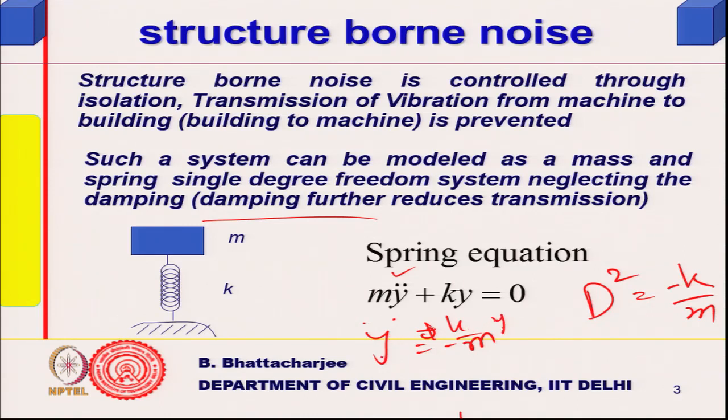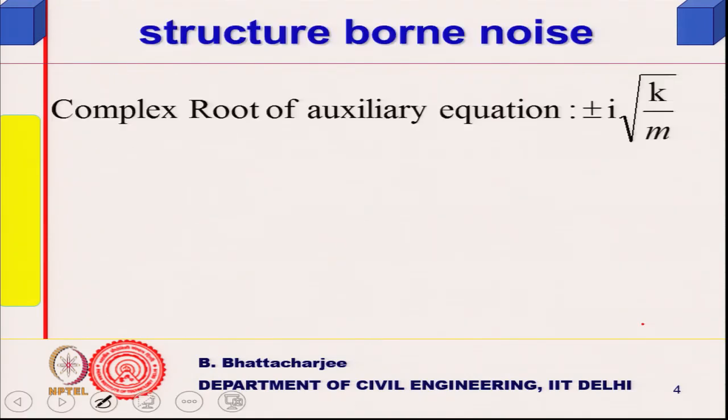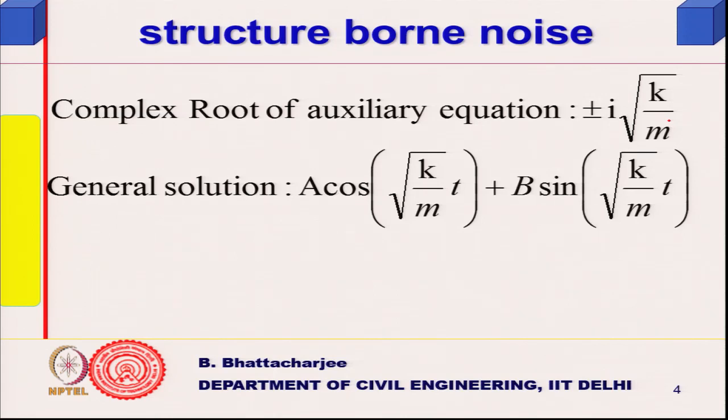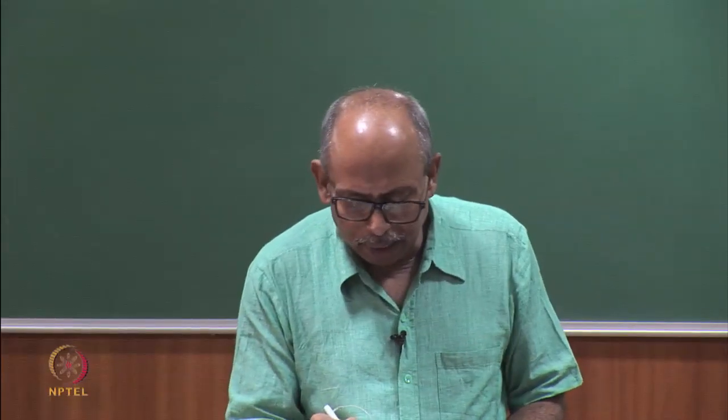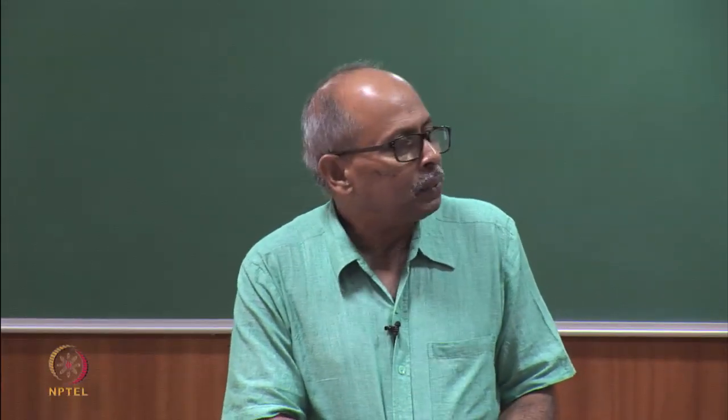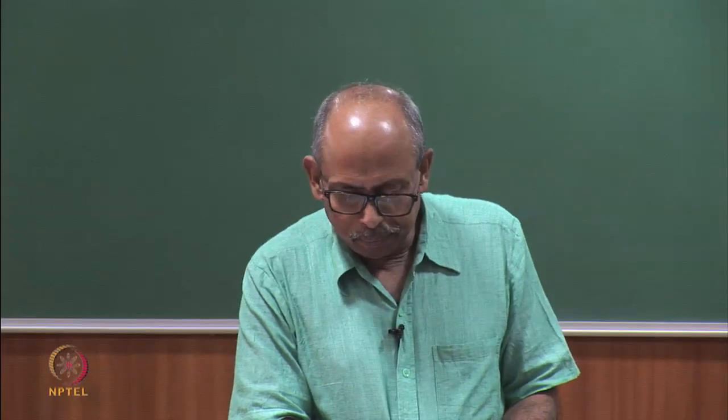The root of this will be imaginary, plus minus i under root k by m. So, my solution, with roots plus minus i, would be a cos of under root k by m times t plus b sin of under root k by m times t. You differentiate it twice, it will give you the same equation back. So, the general solution is like that.